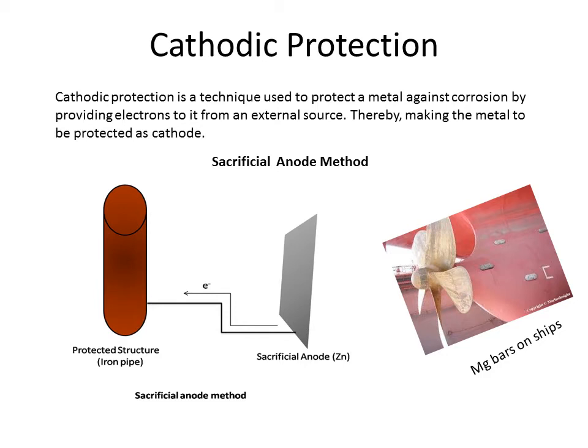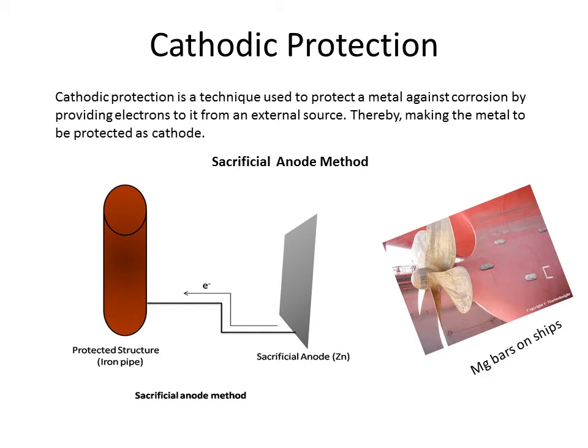So far we have seen that when a metal undergoes corrosion, the flow of electrons is from the anodic area to the cathodic area. The very basic principle of cathodic protection is that, to protect a metal from corrosion, we have to reverse the flow of electrons.